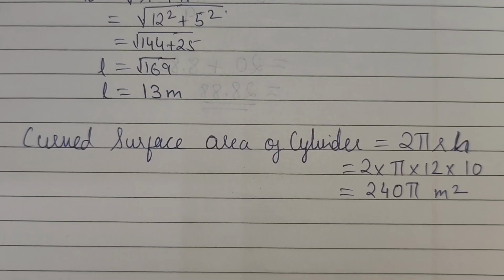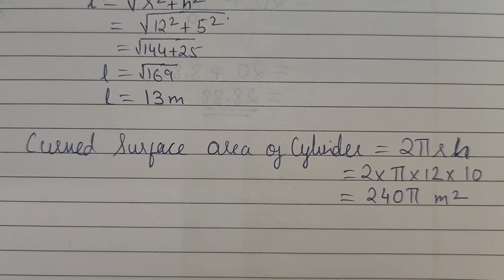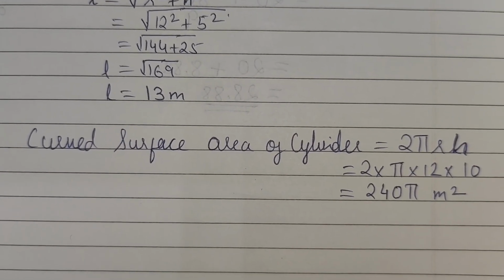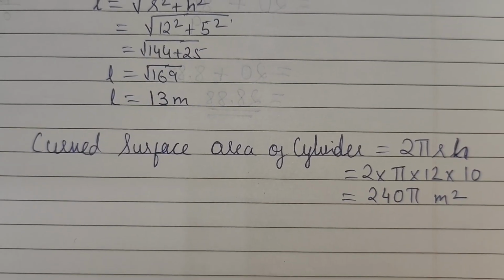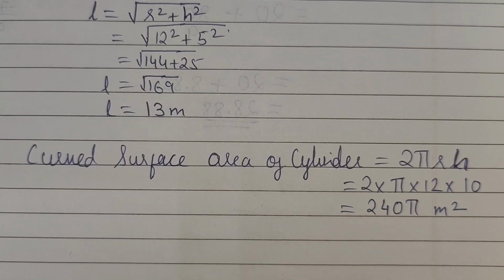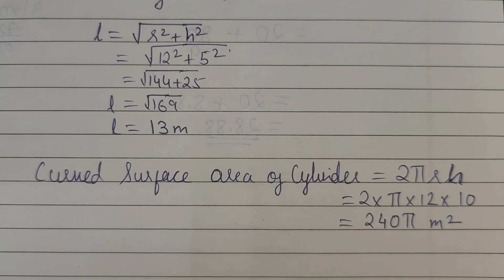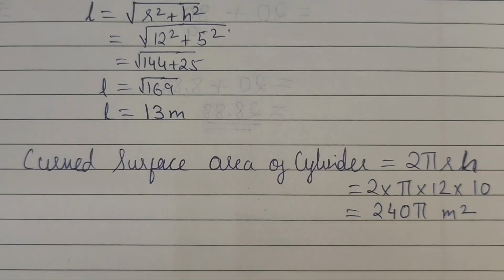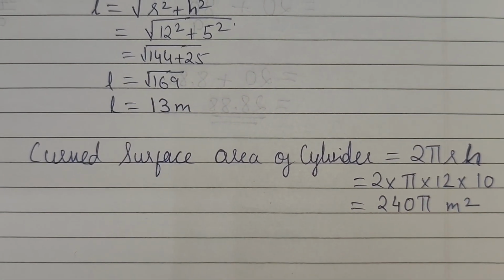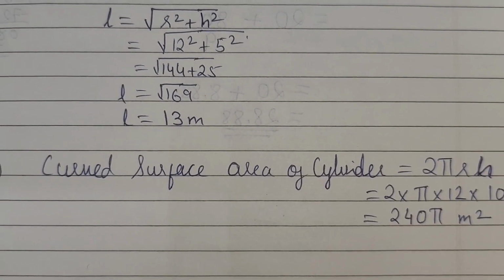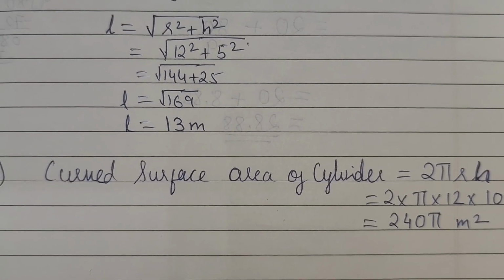So 2 pi, r will be 12 and h will be 10. 2 and 12 if you multiply you will get 24, and 24 multiplied by 10 will be 240 pi, and they told us not to substitute the value of pi, so the final answer will be 240 pi.